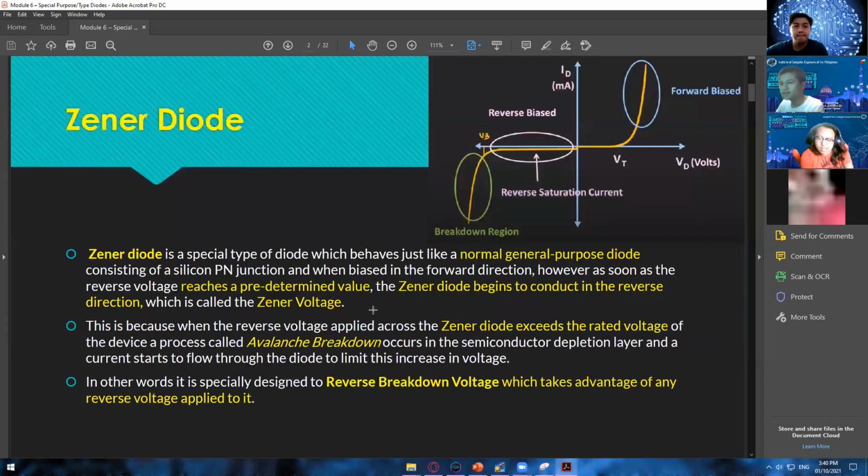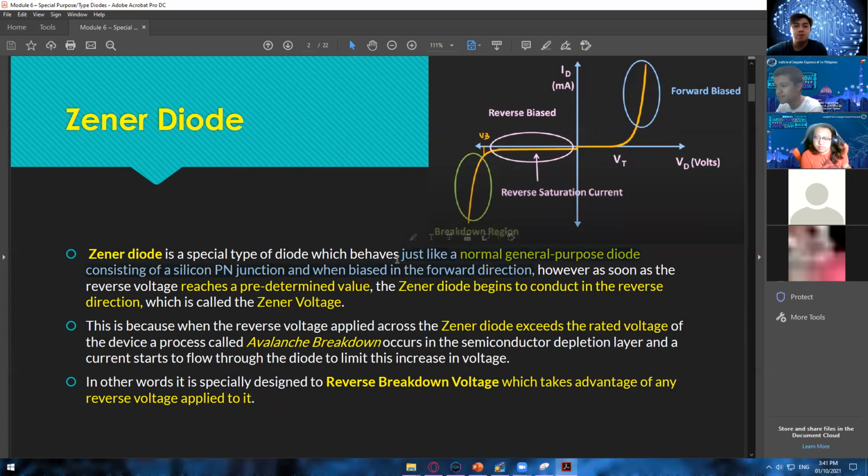All right, let's start with the definition of a Zener diode. In the midterms and before this module, I have already mentioned the Zener diode a lot, and you probably already know how a Zener diode works. A Zener diode is a special type of diode which behaves just like a normal general purpose diode, consisting of a silicon PN junction, when biased in the forward direction.